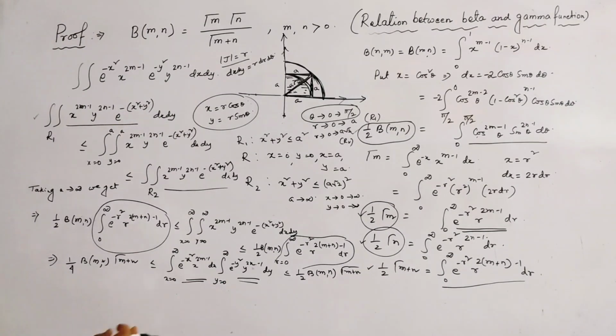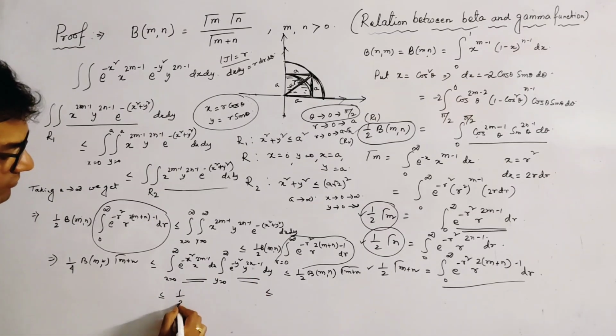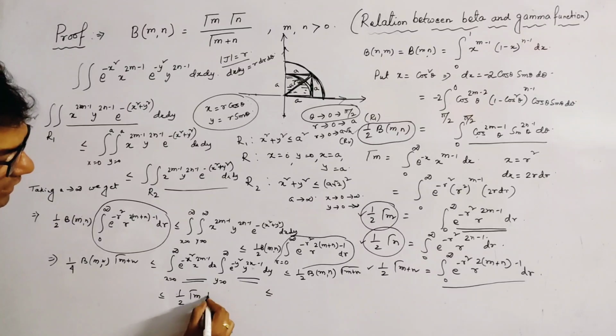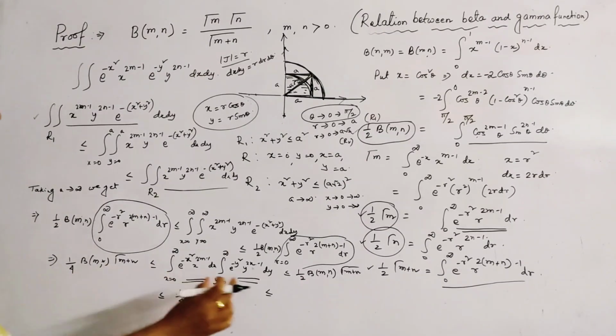So the middle portion becomes half into gamma m into half into gamma n. So this is 1 by 4 into gamma m into gamma n. And we see that the left side and right side are equal.